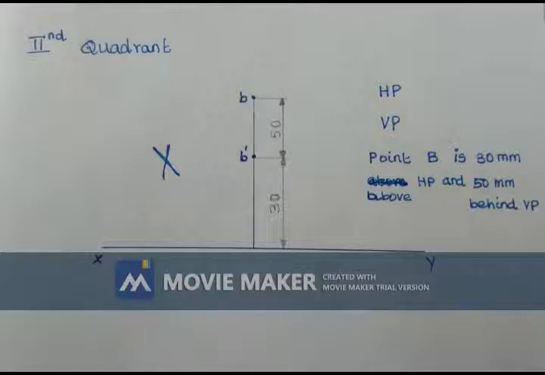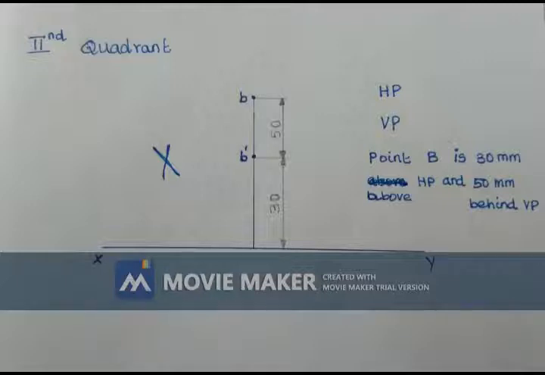So your front view is, right, 50 mm behind VP. So you can identify this 50 mm distance with respect to VP in the top view, because it is away from the reference line, or it is away from the vertical plane by 50 mm.